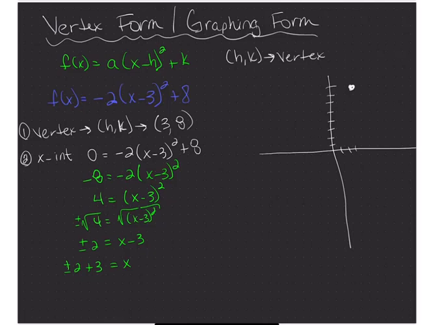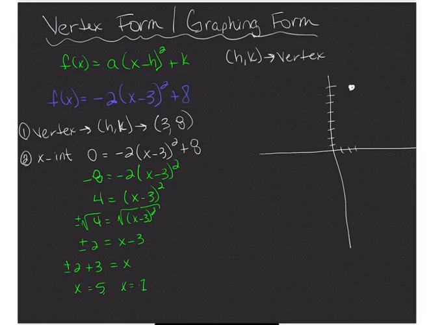I'm either going to have positive 2 plus 3, which gives me x equals 5, or negative 2 plus 3, which gives me 1. So we found that we have x equals 5 and x equals positive 1.